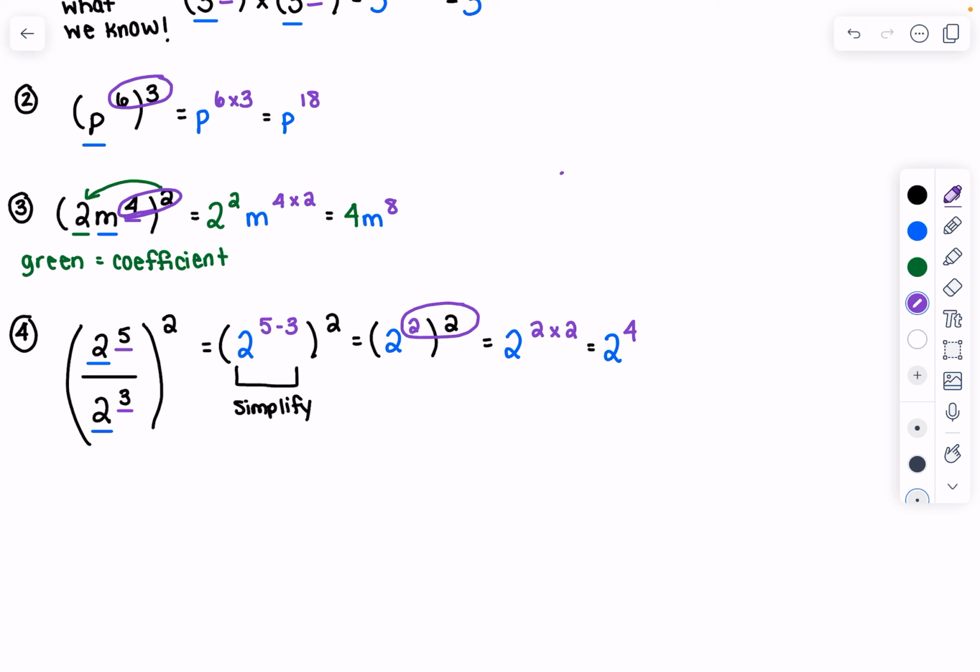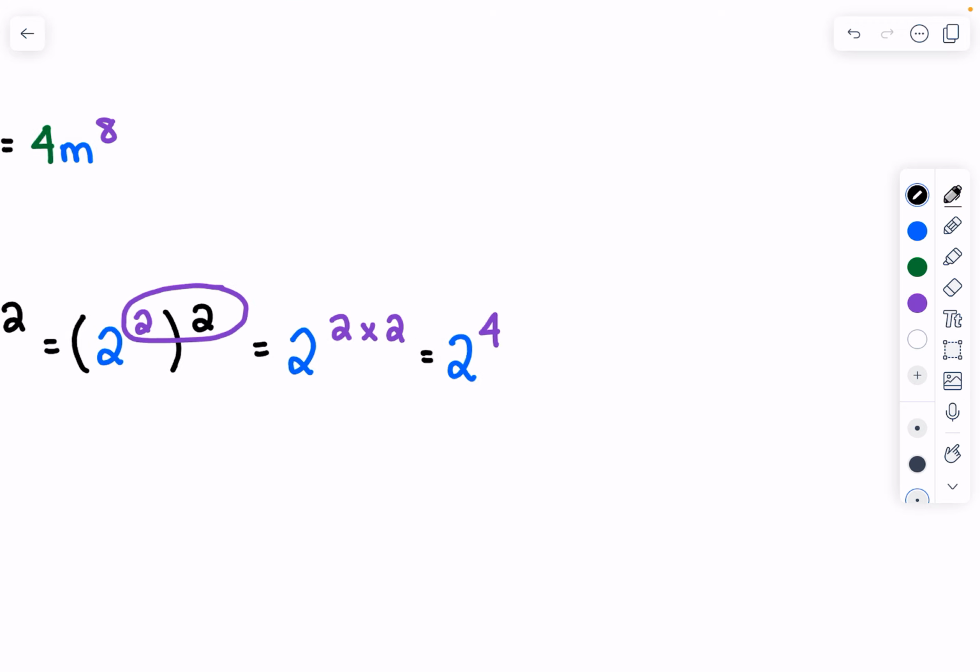Looking back at everything that we just did, if we first distribute the 2 to the 5 and the 3, we would have 2 to the power 10 and then 2 to the power 6. 10 minus 6 is 2 to the power 4. We would get the same answer, okay? Just keep that in mind. So this is simplified.